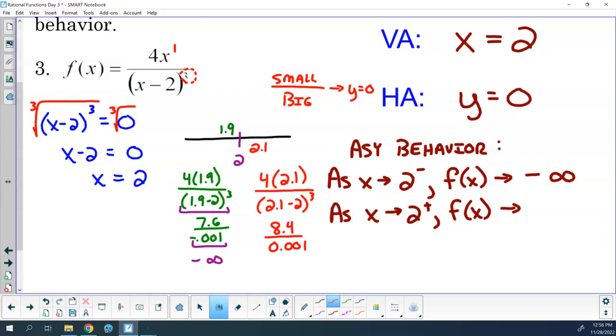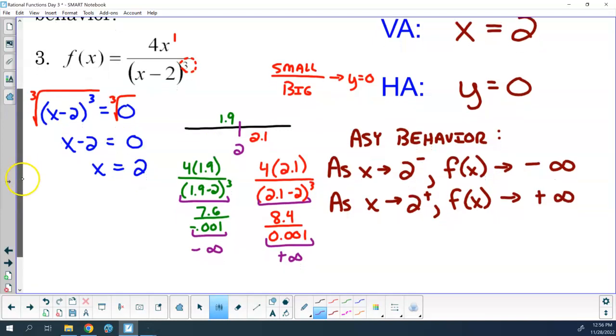Now I've got a positive divided by a positive, so that's going to go to positive infinity as this number gets smaller and smaller, because we get closer and closer to 2 on the right. Okay.